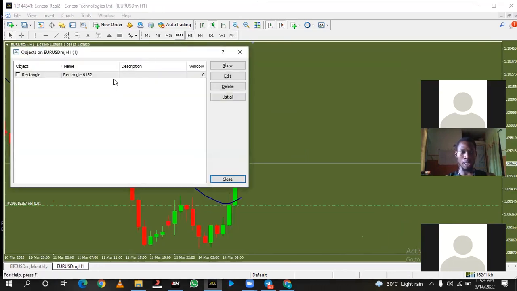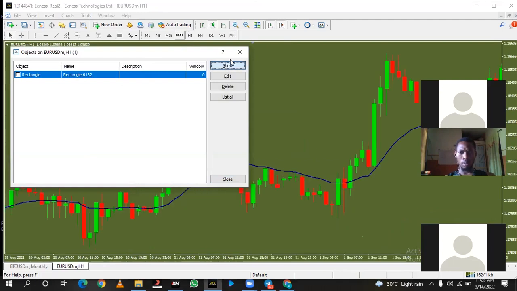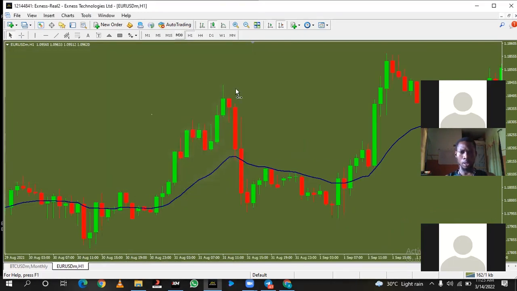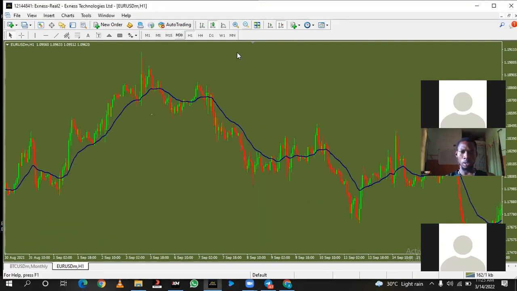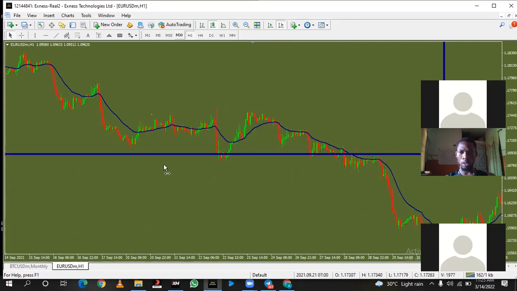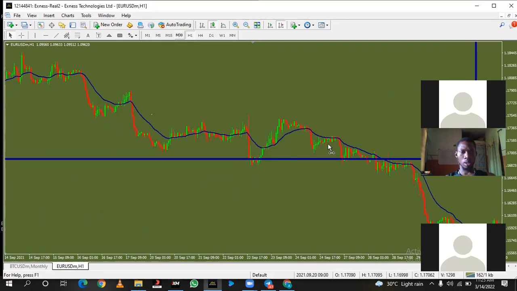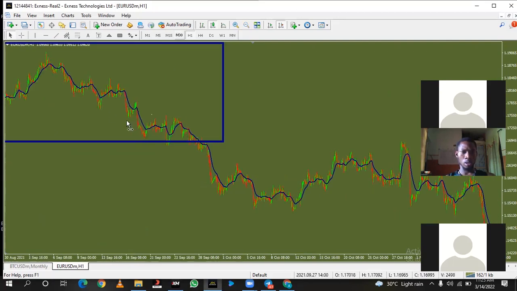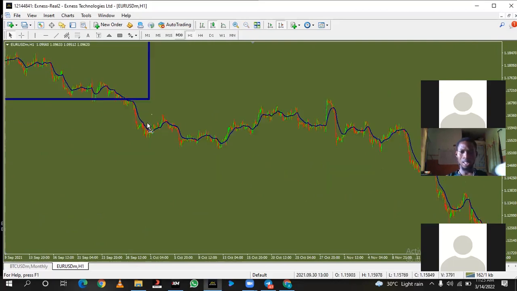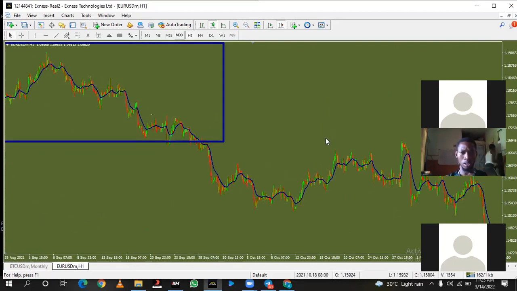I don't know why this thing is not loading, but I'm actually doing my chart. It's not loading. Okay.